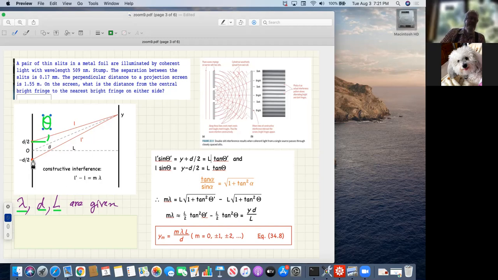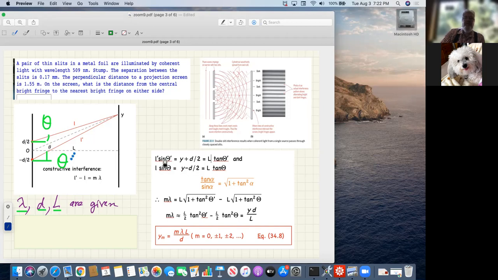And similarly, for this lower ray, we could call this angle theta prime, which goes along with the length L prime. L sine theta prime is y plus d over 2, because the opposite to that angle is y plus the extra d over 2.